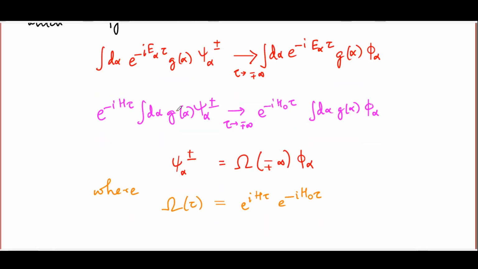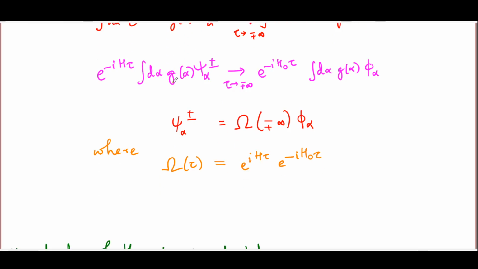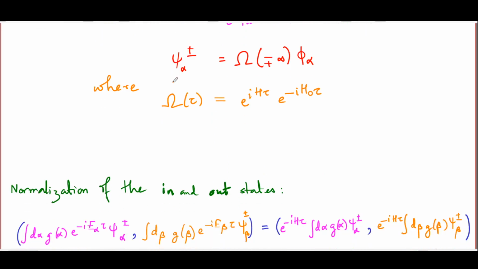For the time being, let me reuse this construction that we used just now to prove a result about the normalization of the in and the out states. Consider two similar superpositions of in states or out states. So you are integrating d alpha g alpha e to the minus i E alpha tau psi alpha plus minus. That's one of the state vectors.